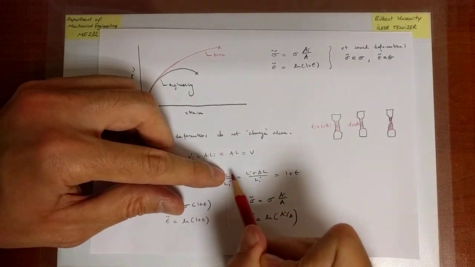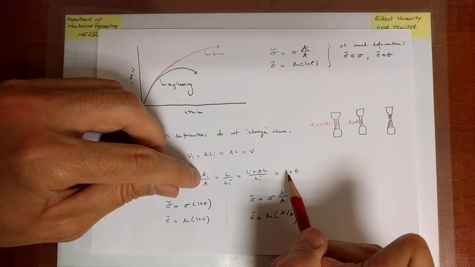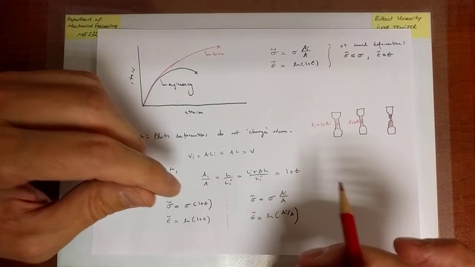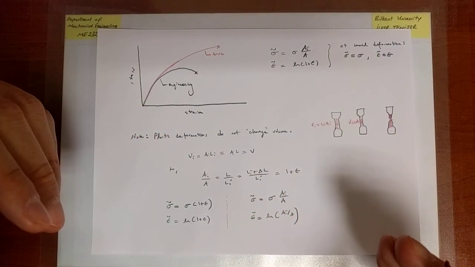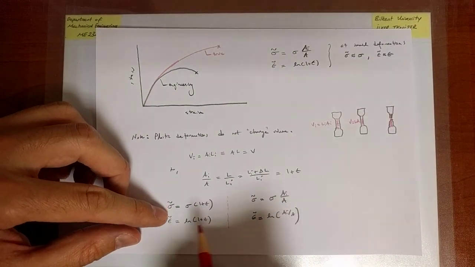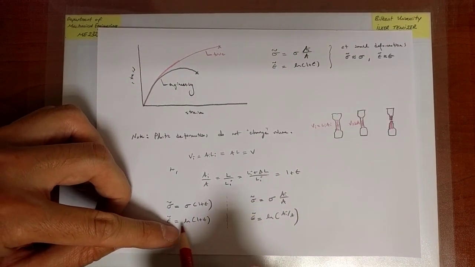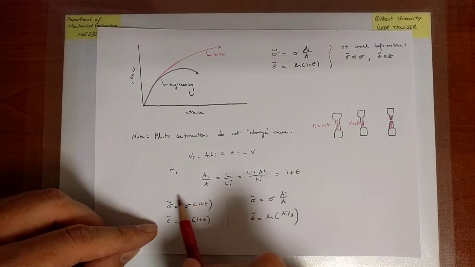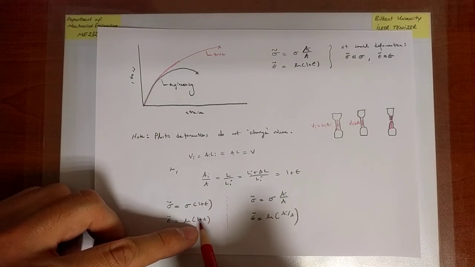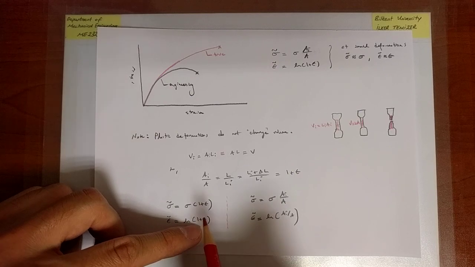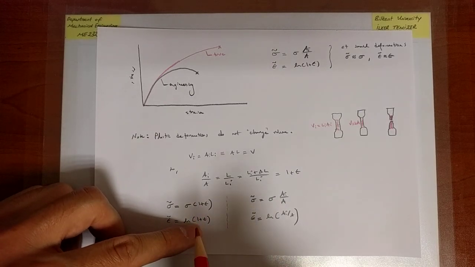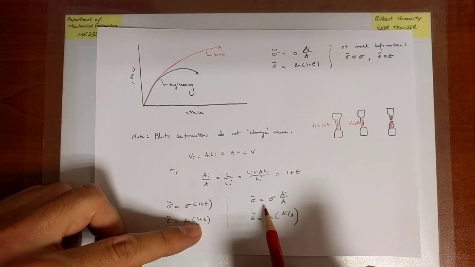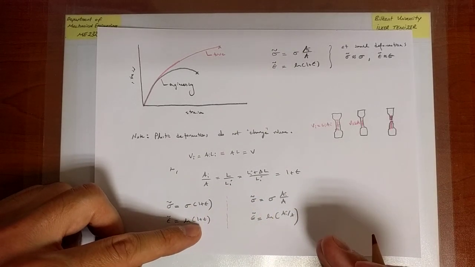So that relation that relates A_i over A to 1 plus epsilon is meaningless beyond the necking region, just like we argued earlier. And therefore, whenever we look at the left-hand side, the quantities that have to do with 1 plus epsilon will be limited up to necking, whereas the ones on the right are valid all the way up to failure.